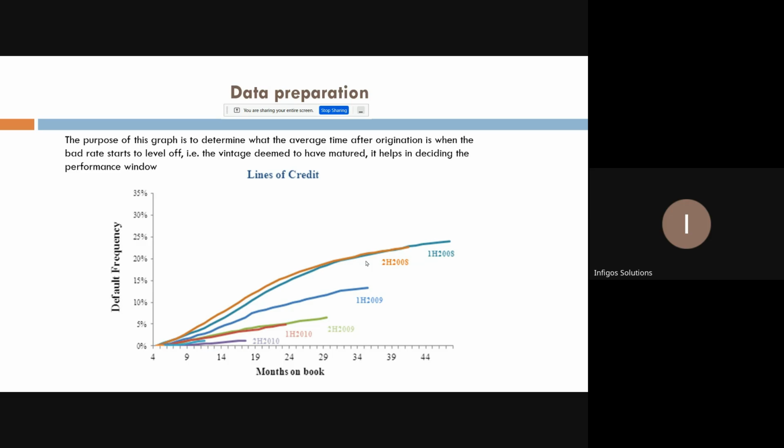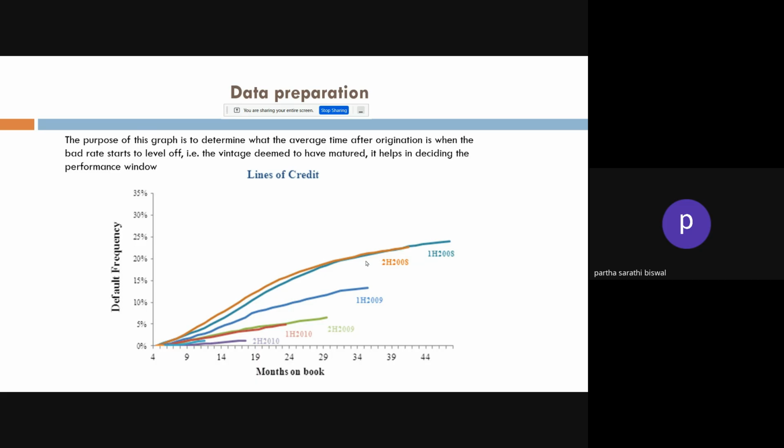Based on the bad definition, you will decide whether this is bad or good. The performance window is related to, once you define this is bad, whether this bad is happening in this period of time. After that, you decide when this bad rate becomes stable. That bad rate becoming stable is your performance window definition.